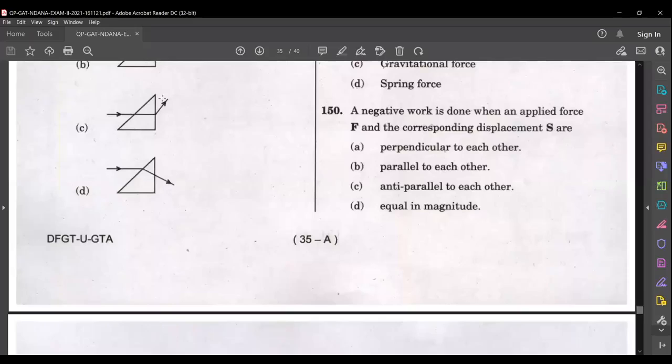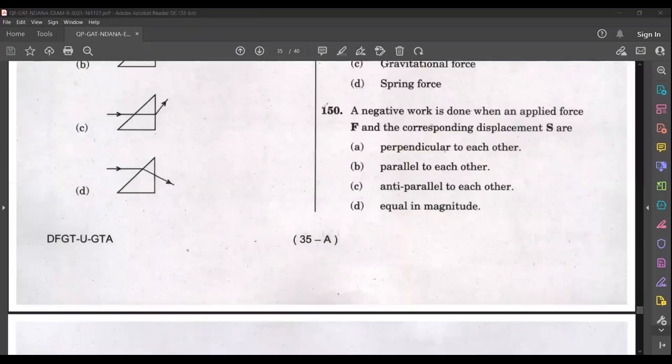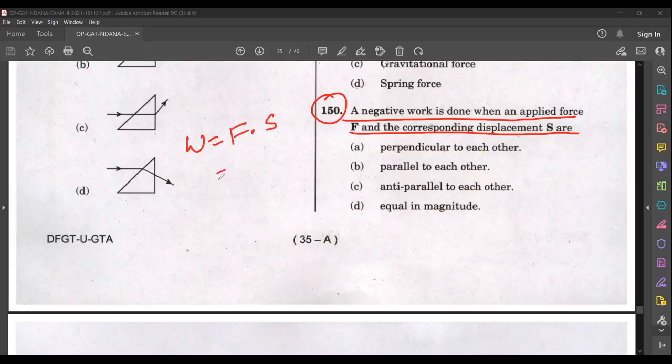Question number 150. A negative work is done when an applied force and corresponding displacement S are. We know that W is equal to F dot S, or Fs cos theta.